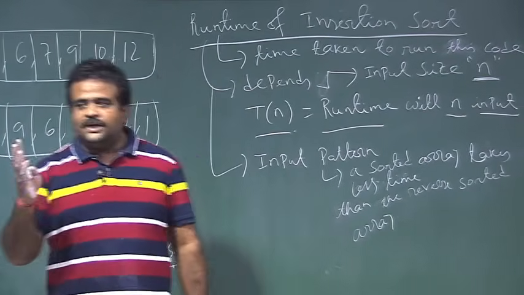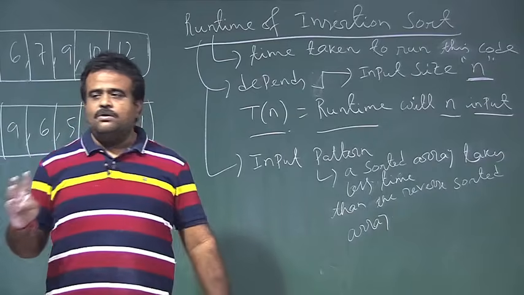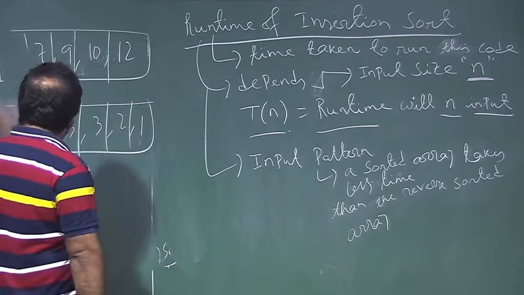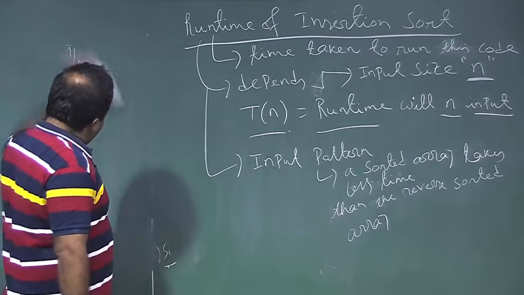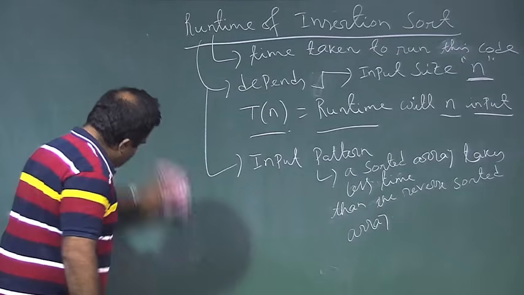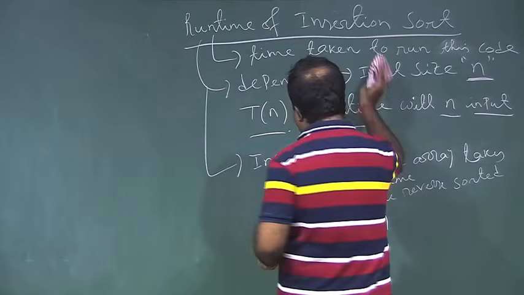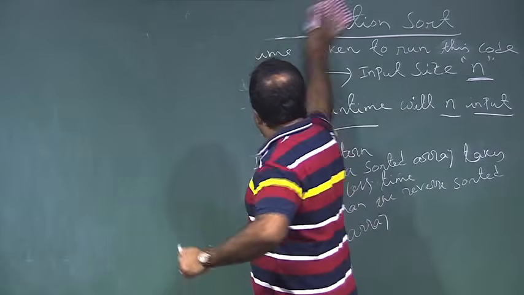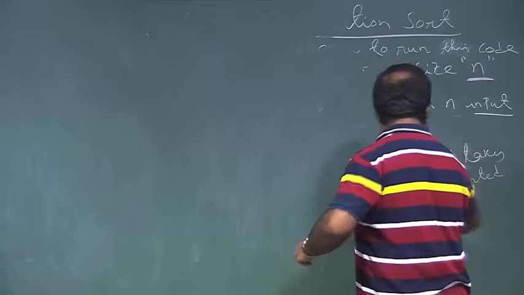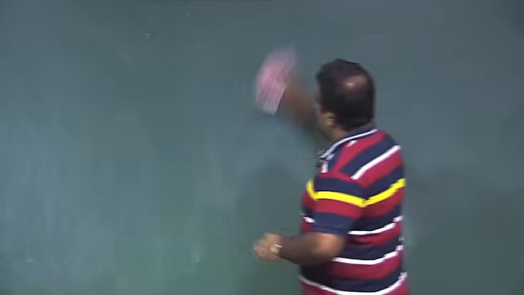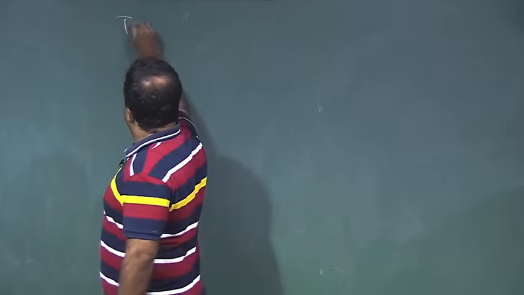So, based on this, we will talk about 3 types of analysis: worst case, best case and average case analysis. For insertion sort, this will depend on the pattern of the input. So, we will do the types of analysis.